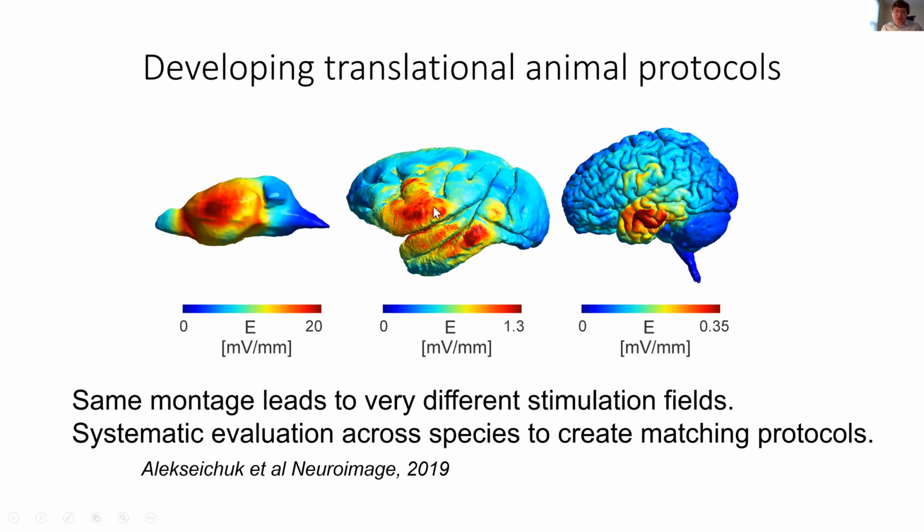First, the spread is a bit different, but also the field strengths, and this will always differ from montage to montage. People have to be very careful, because sometimes you see very strong claims that measurements in a mouse model translate one-to-one to humans. I think modeling can be a very useful tool for that.